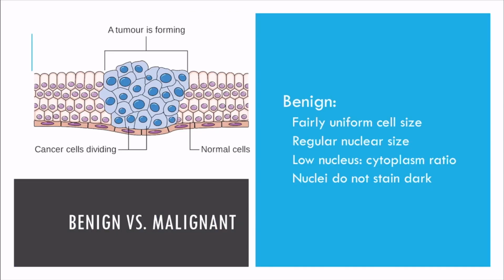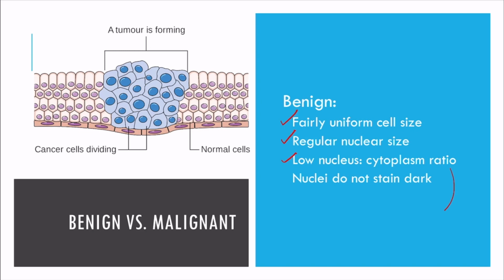For a tumor to be considered benign, this should fit with what we've talked about so far. Because they are typically more well-differentiated cells in the uncontrolled growth, the cells are typically fairly uniform in size. Their nucleus is pretty regular in size. They have a low nucleus to cytoplasm ratio.